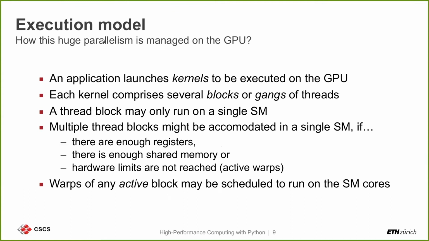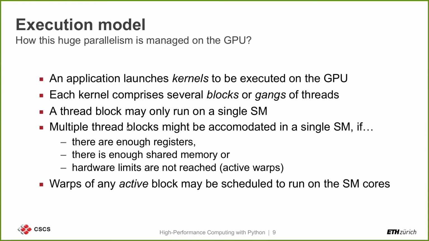And again, the execution model: how we take control of this massive parallelism of the GPUs. An application launches kernels, which the host sends to the GPU to be executed there. Each kernel comprises several blocks or gangs of threads. A thread block can run on a single SM, and multiple thread blocks are launched to execute the kernel.